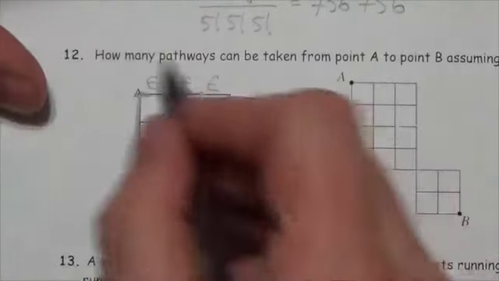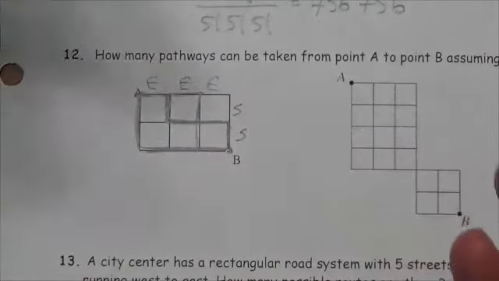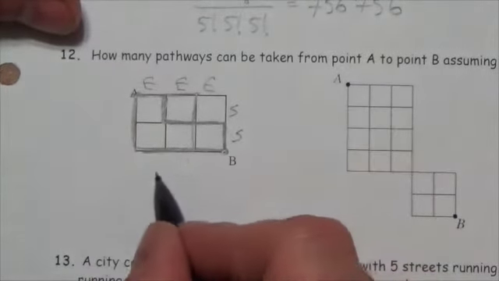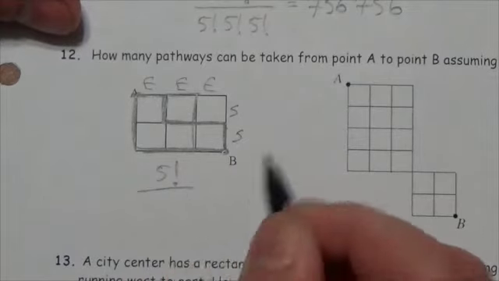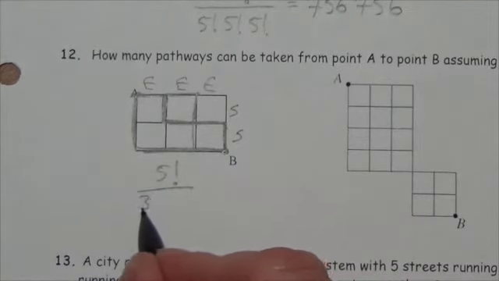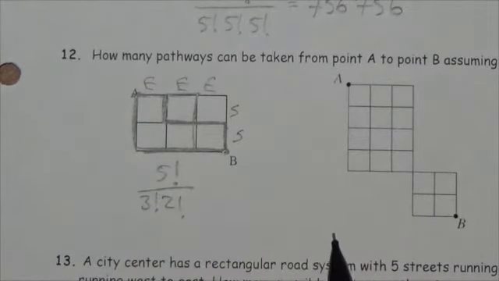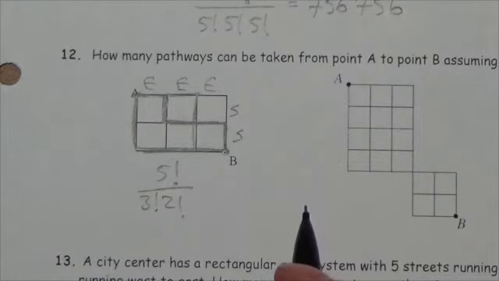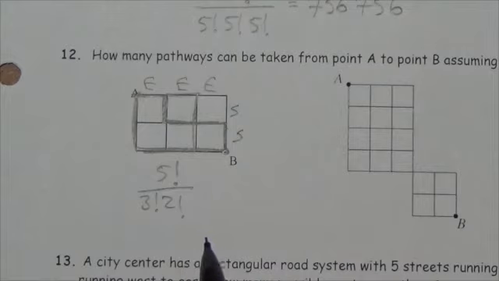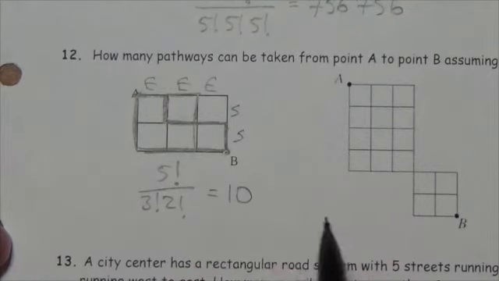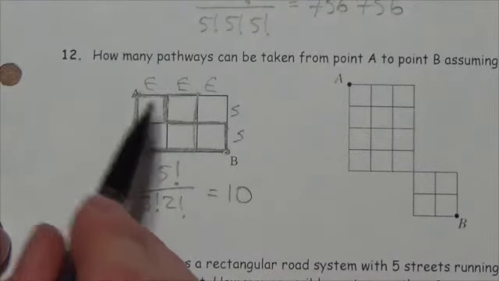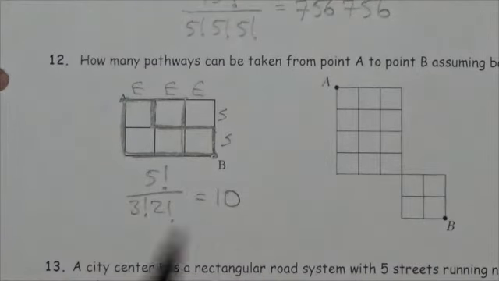So how many letters have I got here? Because that's probably an easier way to think about it. Well, there are 5 letters here. And then I'm going to divide by the repetition. There are 3 E's and 2 S's there, 2 souths. So now that is going to be 10 different pathways that go from A to B. Now we could probably identify all of them, but that's not necessary at this point.